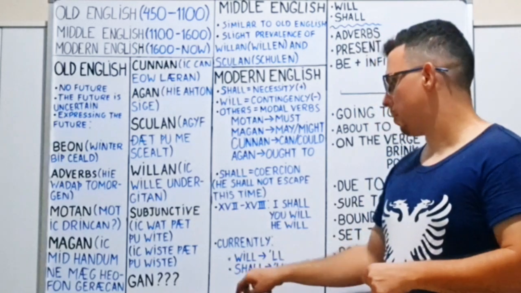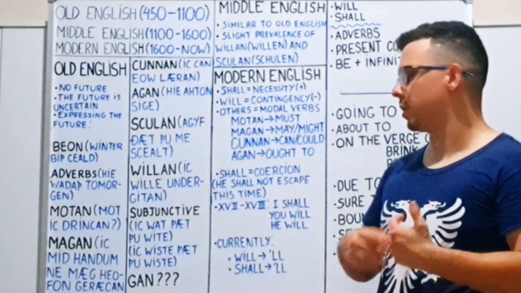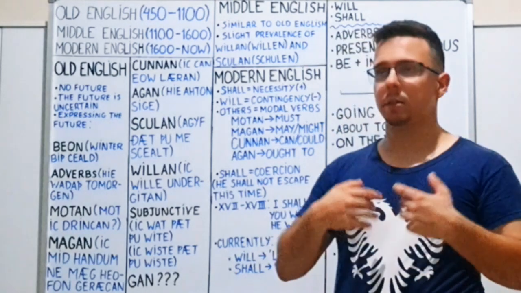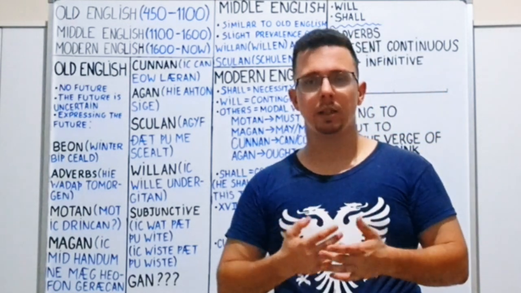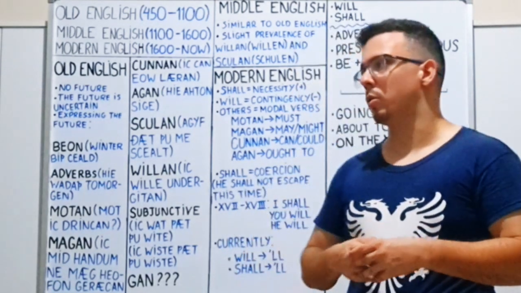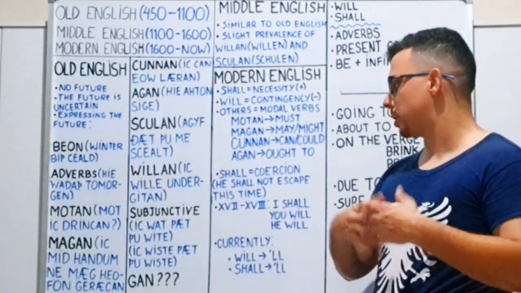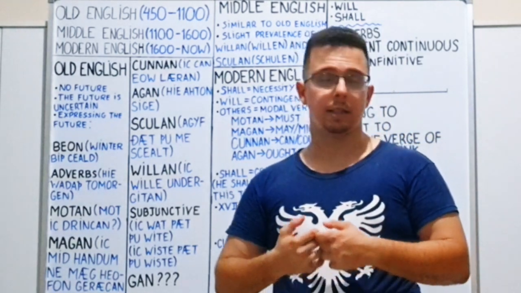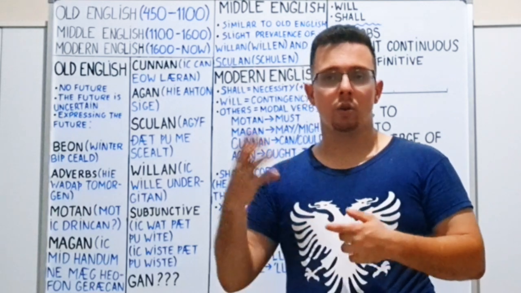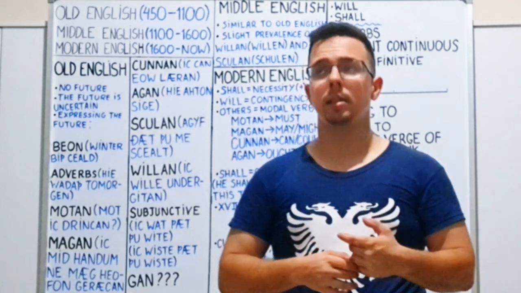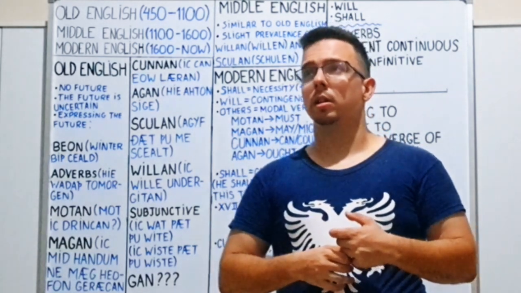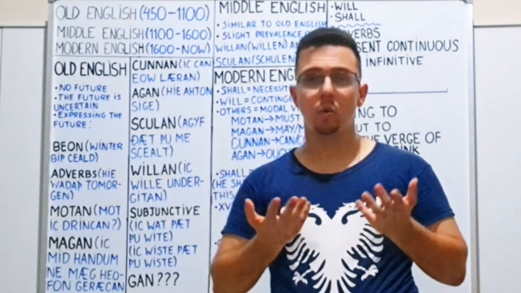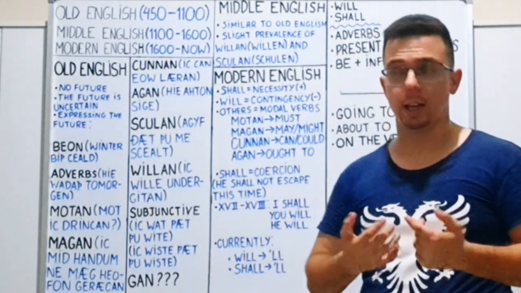Can you think of an example of this meaning being used in modern English? Yes. So, for example, let's suppose that your wife or your husband is waiting for you. There's an event, and you are getting ready, but your wife or your husband says, you are late, hurry up, we are late.